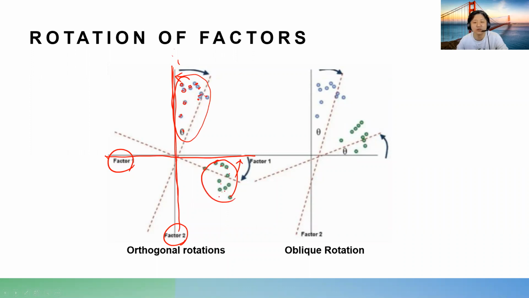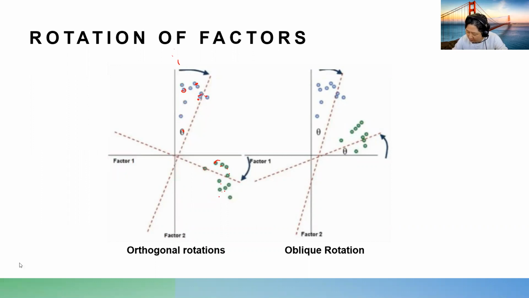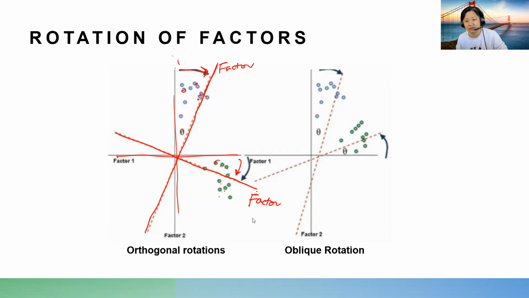But to improve the interpretation, we can rotate our factors. If we rotate this much, and rotate the x-axis this much, then this is the new factor 1 and this is the new factor 2.